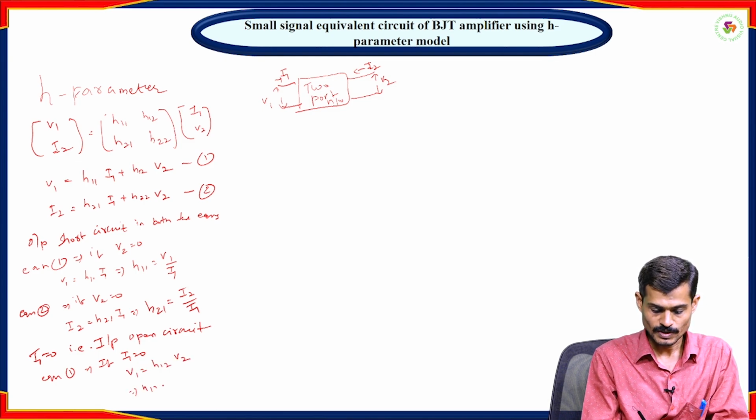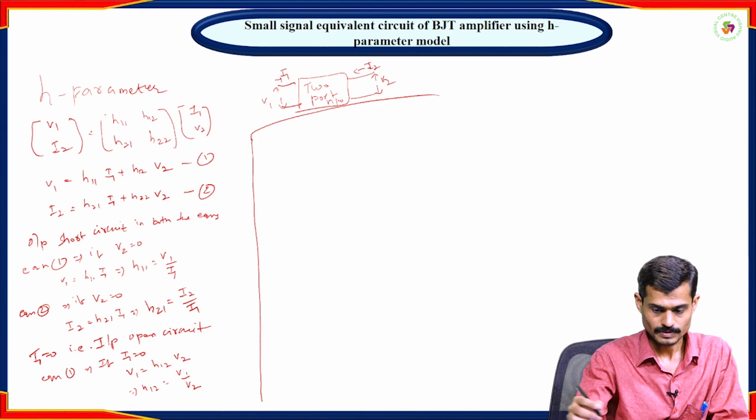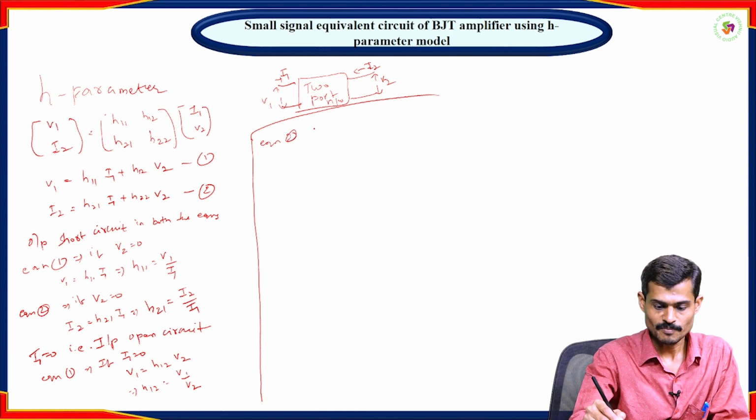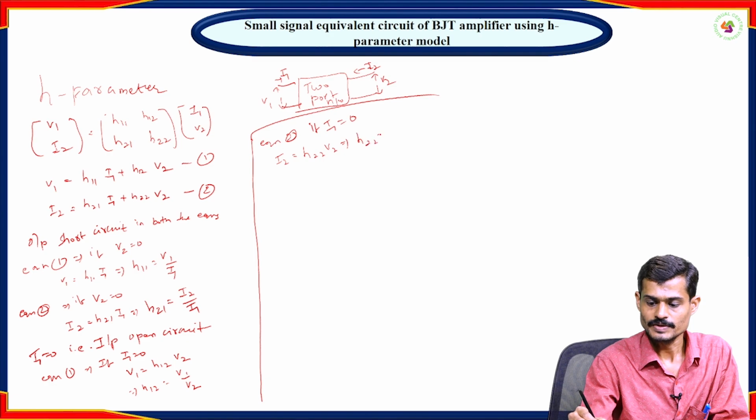That implies H12 equals V1 by V2. Similarly, in equation 2, if I1 equals 0, equation 2 will become I2 equals H22 into V2. That means H22 equals I2 by V2.